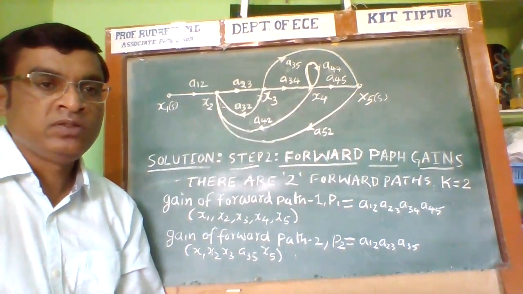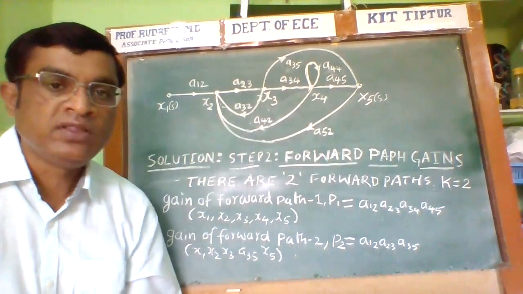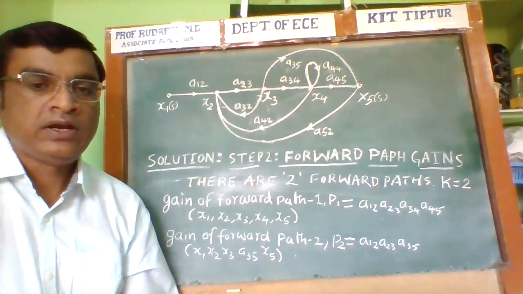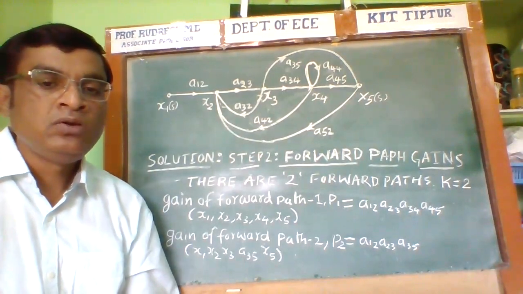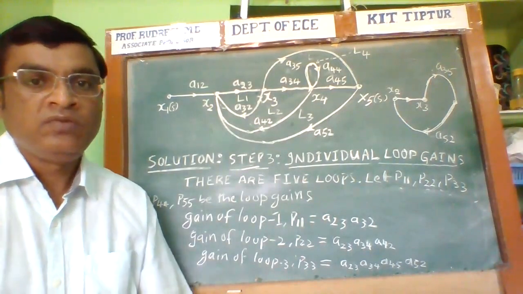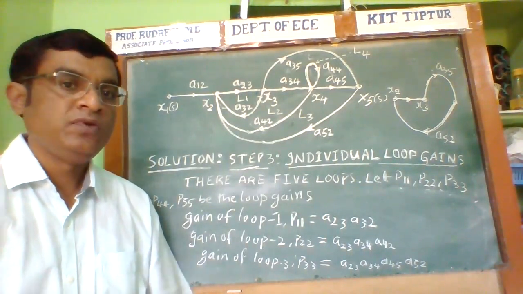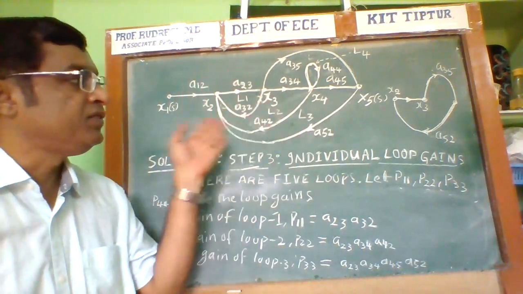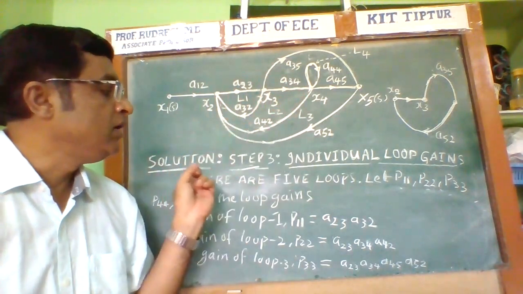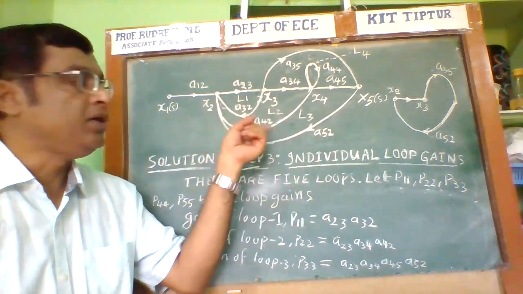That is, you identify the loops and find the gains of the loops. In step 3, we calculate the individual loop gains, after inspection of the graph.